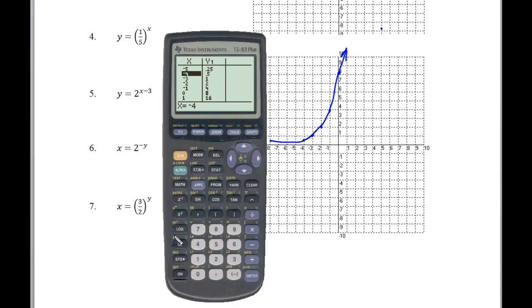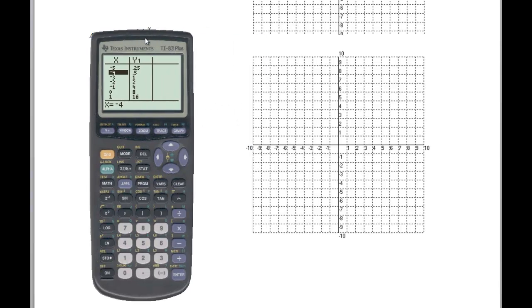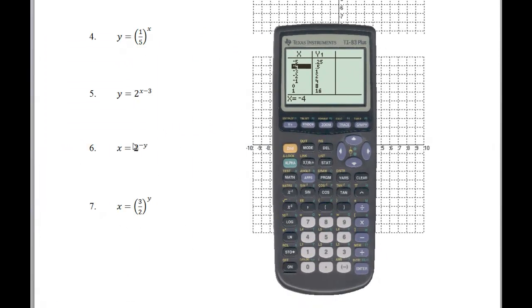Alright, now we've got to put the calculator away, well, we don't have to put it completely away, but what's going to happen for problems 6 and 7 is that you'll notice that the equations don't have y equals, they're x equals. So what I need to do in these situations is plug in some values into my y to see what it makes for x. So I'm going to draw this temporarily.